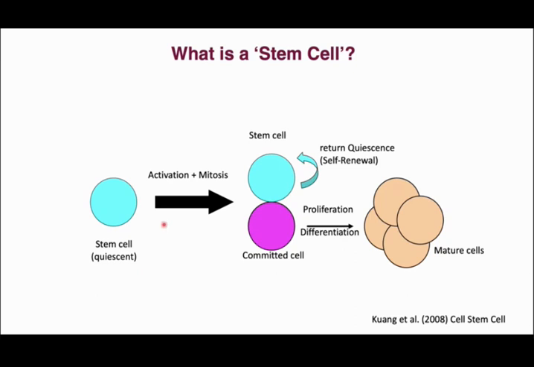So the stem cells we work on, muscle stem cells, are called tissue stem cells. Most tissue stem cells are quiescent in a homeostatic state, which means in the absence of injury, these cells are sitting there most of the time doing not much, right? Nothing. They're waiting for a cue of an injury signal.